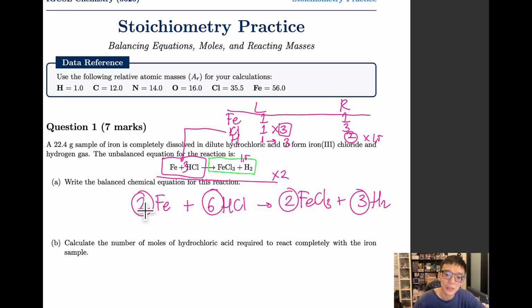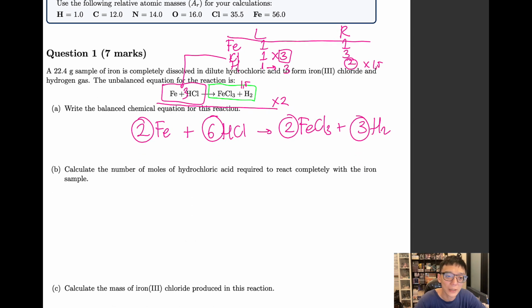Okay. So now question B asks for the number of moles of hydrochloric acid required to react completely with the iron sample. Fortunately we already know the mass. The mass is 22.4 gram of iron. Therefore we can find the mole, which equals the mass of Fe divided by the atomic mass, or in this case the Ar of Fe.